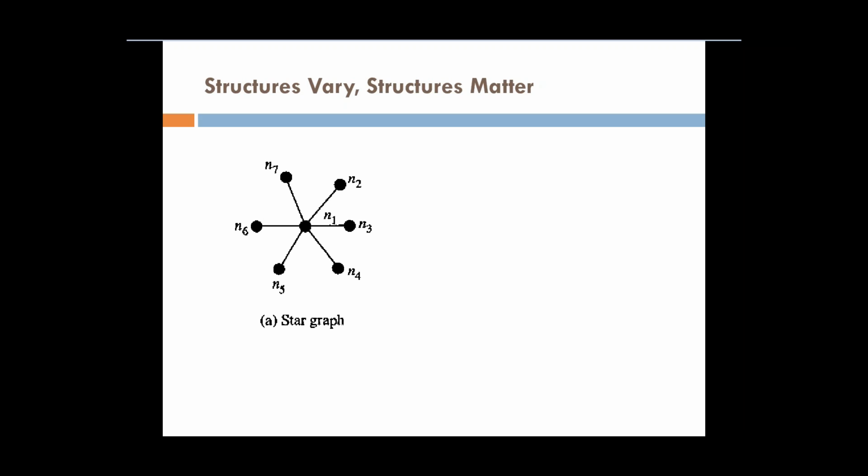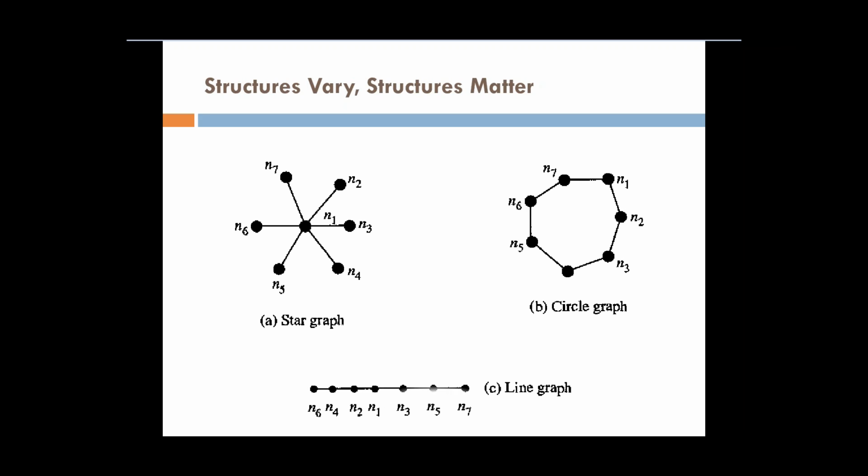Or we might look at network graphs that look like this, in which case everyone is of equal importance to some extent, or like this, a line graph, where the communication is always linear, but as soon as one person dies, the communication also stops.